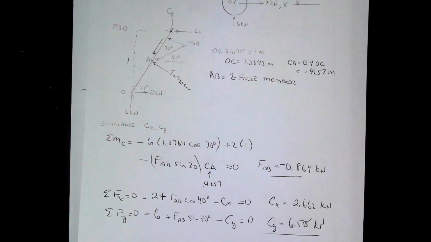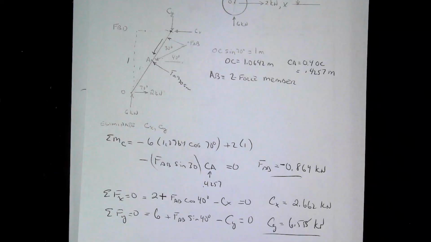I know this here is 1.064, and then I can simply take the cosine of 70 degrees: 1.064 cos 70. Or I could take sine of 20. Both work. Then I have 2 kilonewtons, and this perpendicular distance up is 1. That's going counterclockwise, so plus 2 kilonewtons times 1 meter.